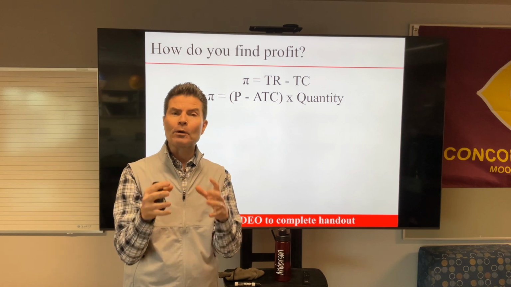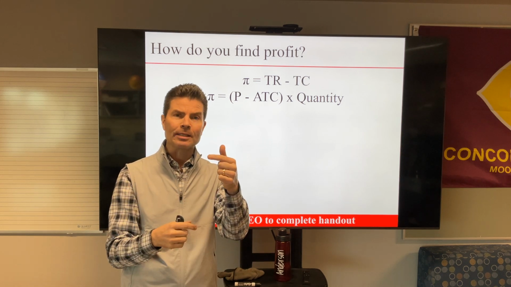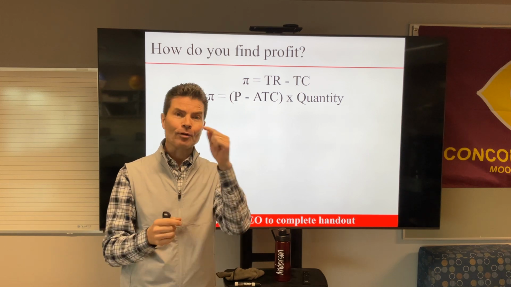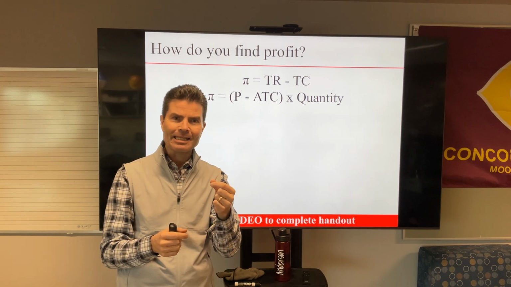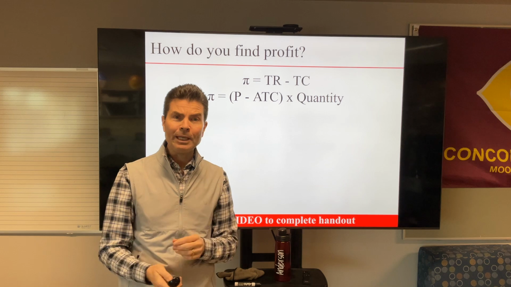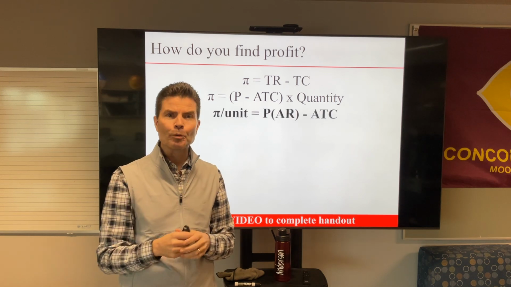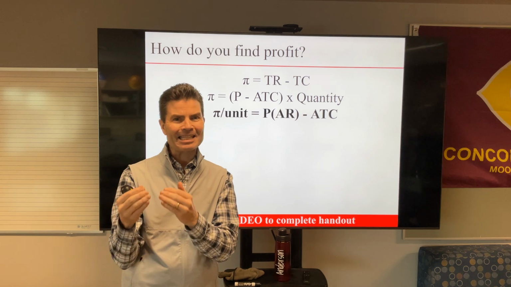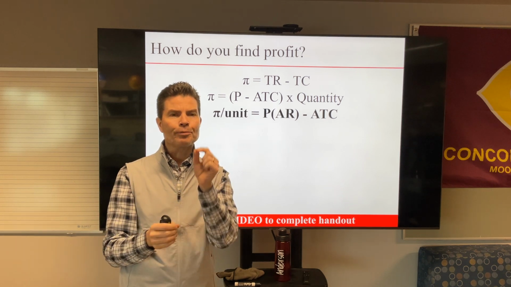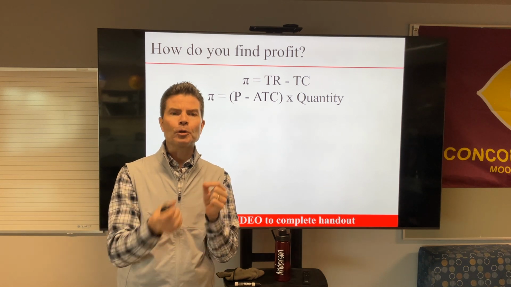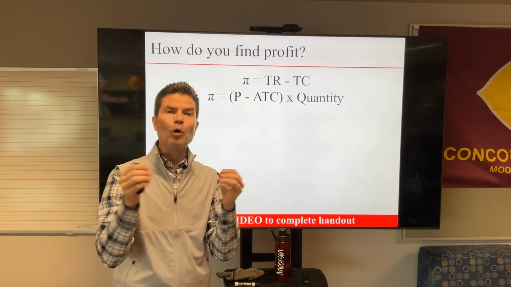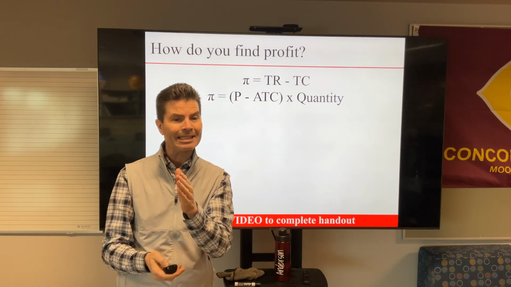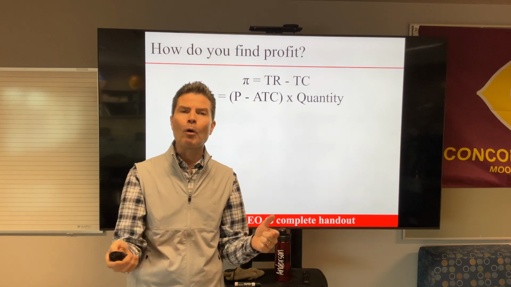We focus on that because when we add price in, we can establish what the profit is by comparing price to ATC. The difference is the actual profit per unit. So price minus ATC gives you your profit per unit, and to find your overall profit, you multiply profit per unit by the quantity.